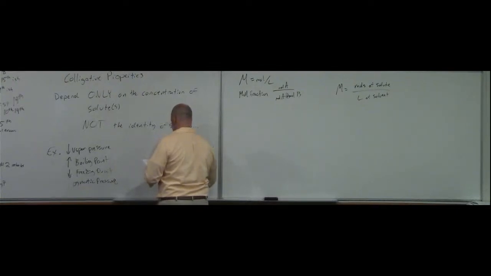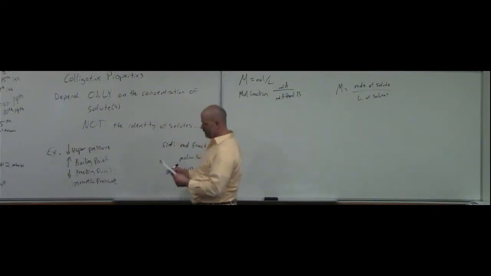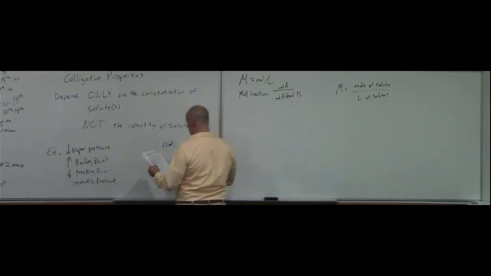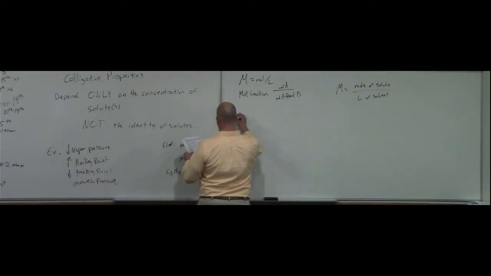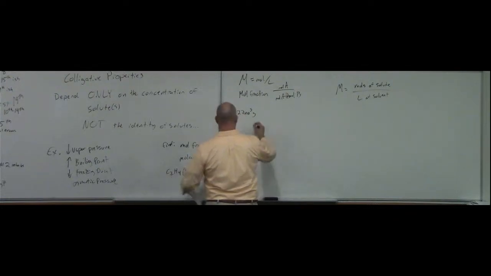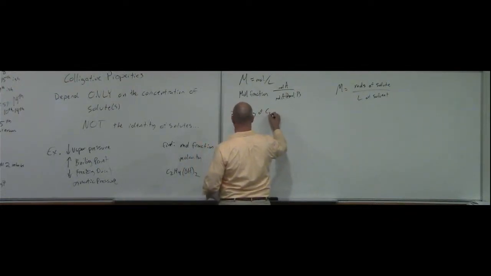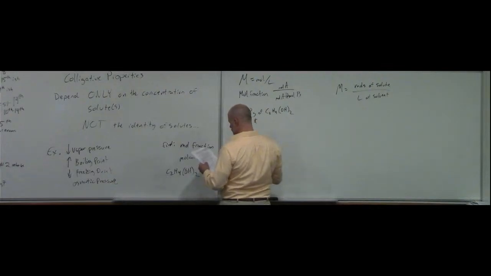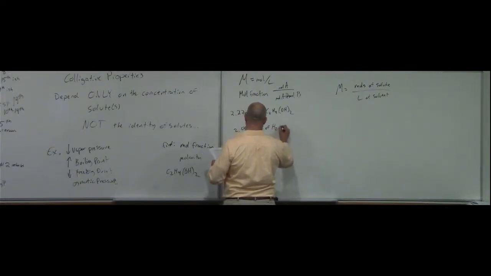This is C2H4(OH)2, in a solution prepared from 2.22 times 10 to the third grams of ethylene glycol and 2.00 times 10 to the third grams of H2O.